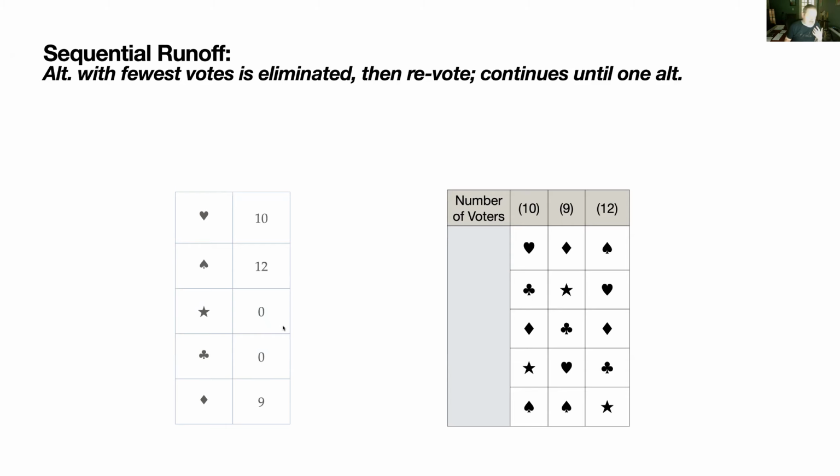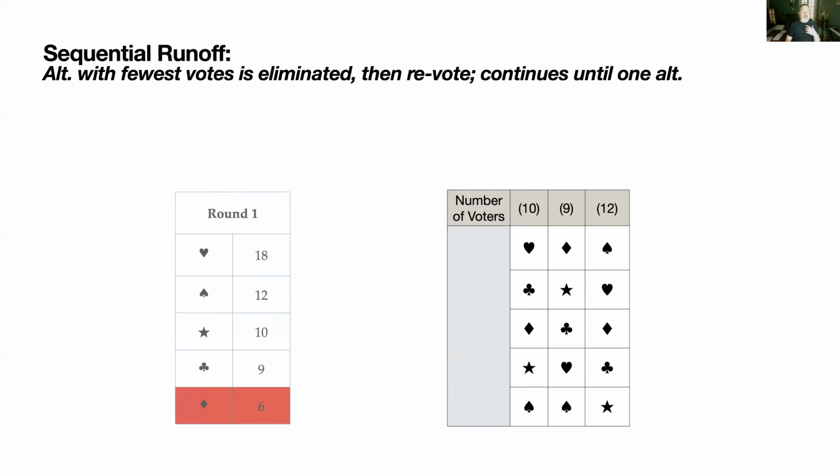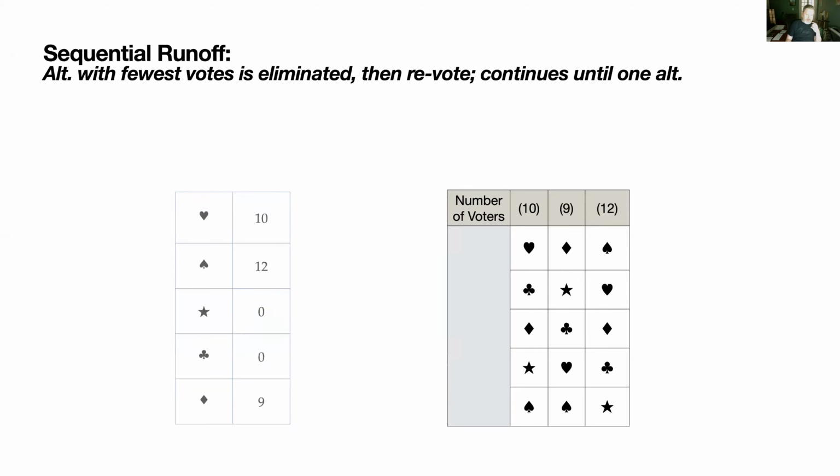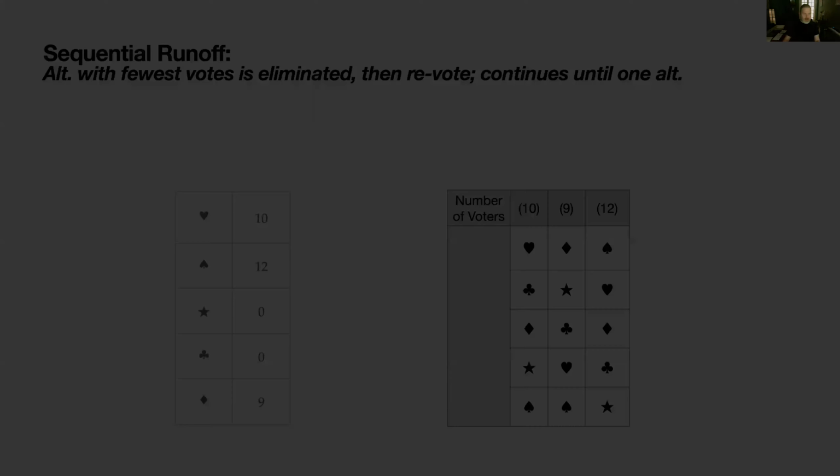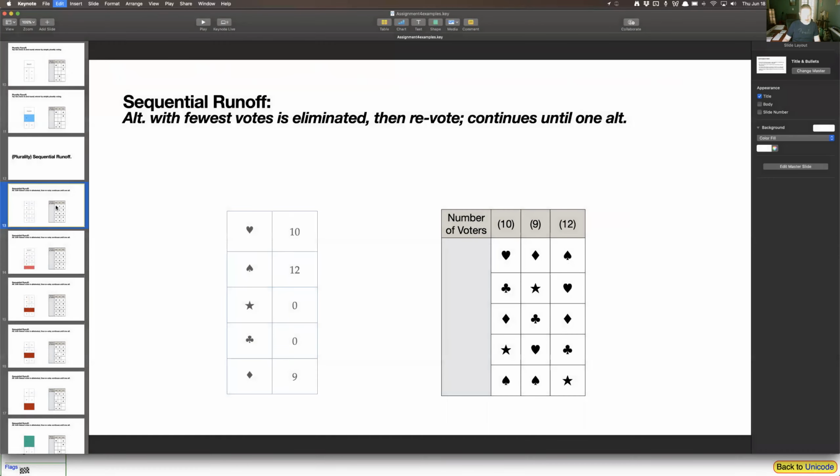In this case, it doesn't really matter, but I'm going to drop stars first. So which one did I drop? I dropped stars.